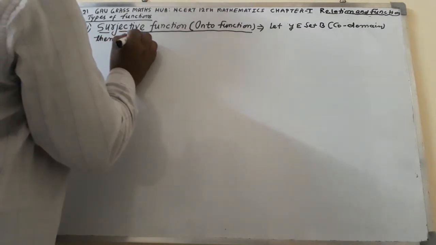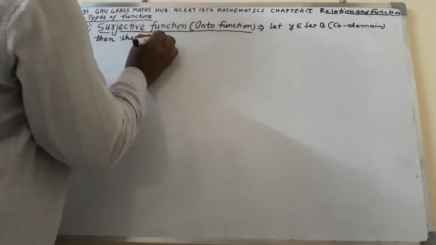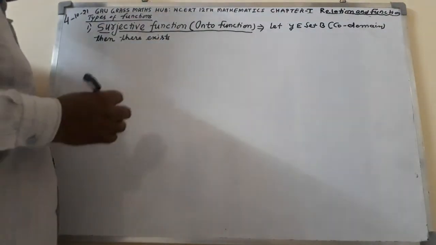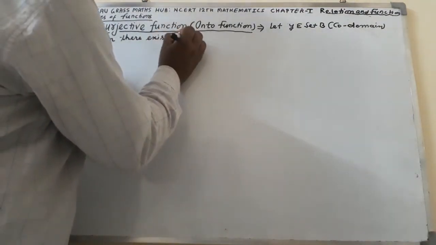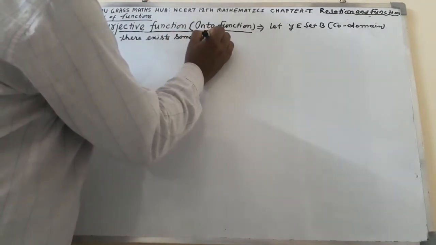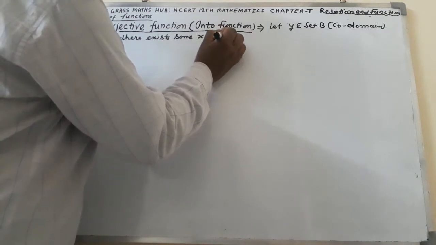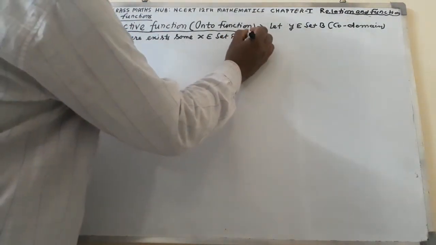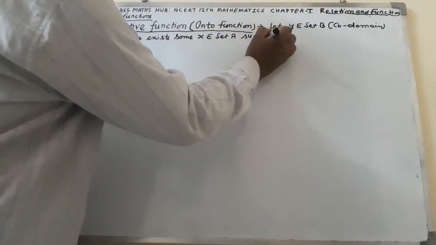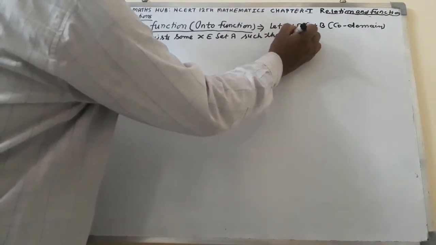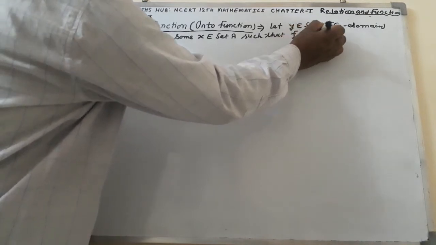Then there exists some x belonging to set A such that the image of x is y.